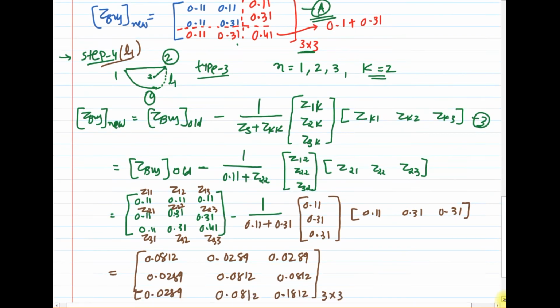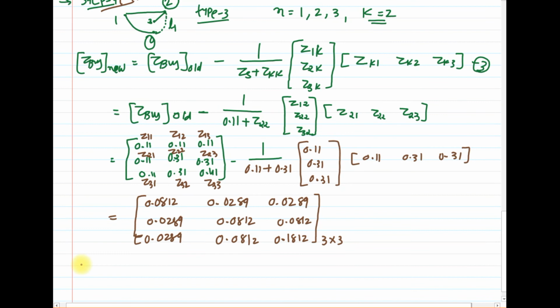Now let us move towards the second element, link L2. So I will draw the network for this link L2, step number 5.